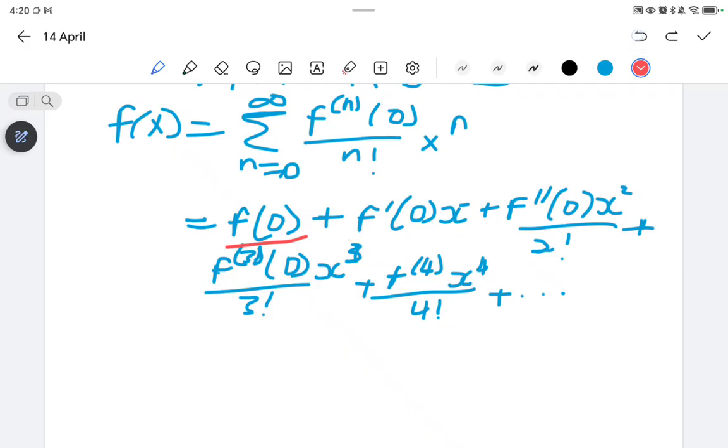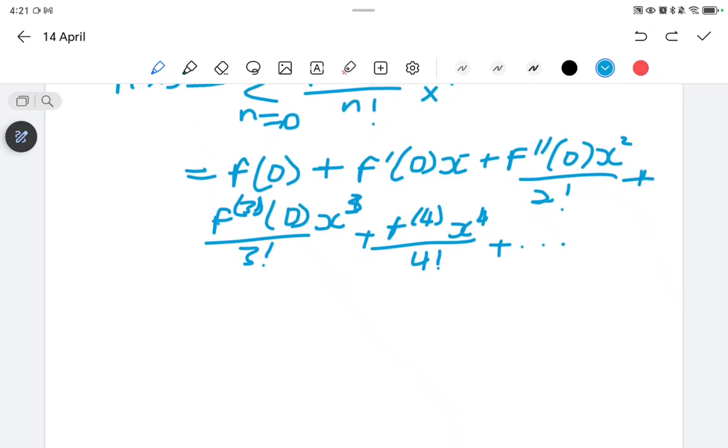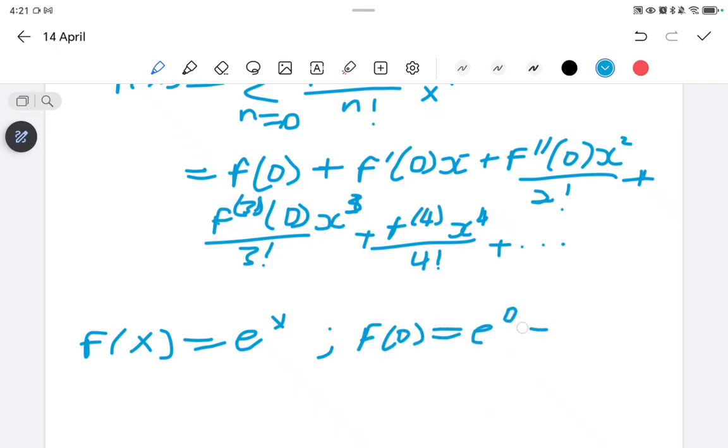So we are going to write them. First we must write the formula. First we're going to write f(0), not f(0), we need f(x) first. Our f(x) is equal to e^x. Then we can write f(0) to be equal to e^0, which is 1. You see, right?